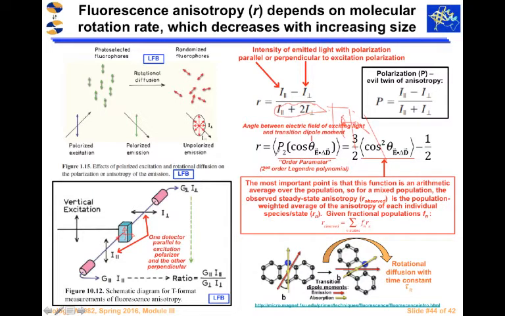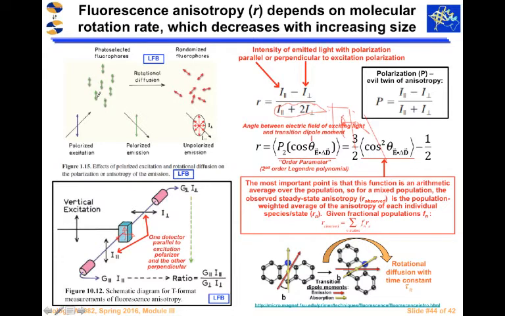Okay, now an important point here is that the anisotropy behaves according to something called the second-order Legendre polynomial of the orientational distribution. Let's not worry about what this is, but let's just focus on the point that this second-order Legendre polynomial essentially is averaged over the ensemble of orientations in the molecules, right?